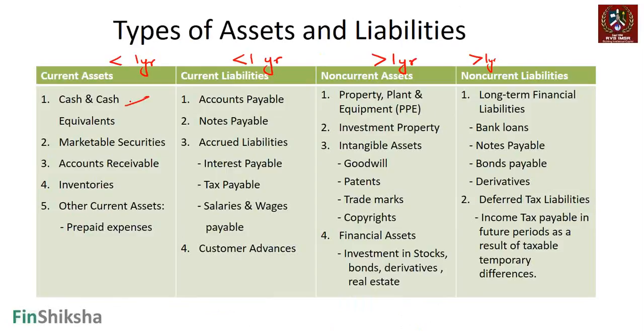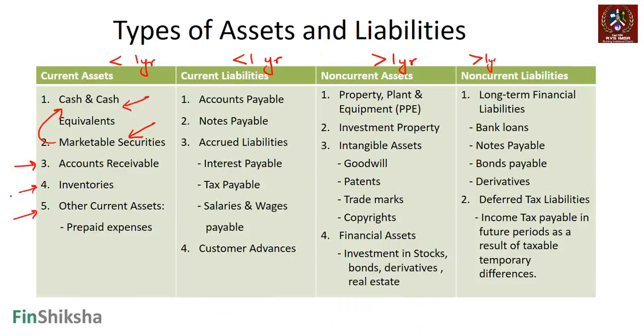Cash and cash equivalents, they're readily available as cash, so that's not a problem at all. That's an immediate current asset. Marketable securities are securities that can be quickly converted to cash. You can market it, you can sell it and convert it to cash, and that basically becomes your current asset. Accounts receivable, money to be received from someone in lieu of sales, inventories, other current assets.